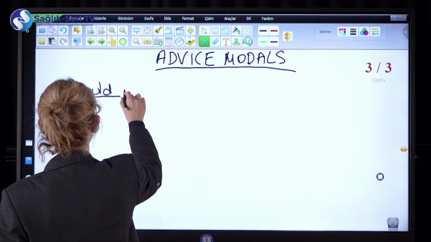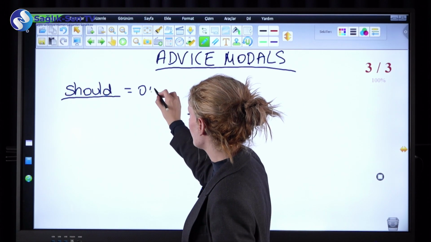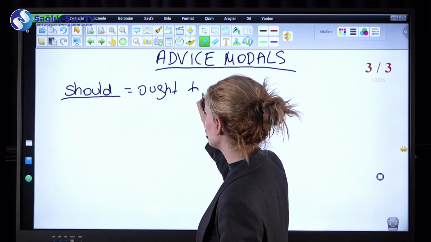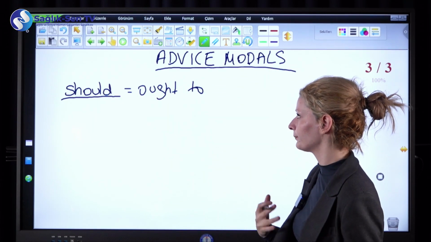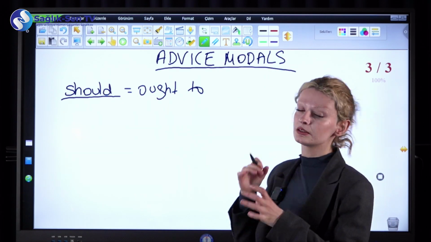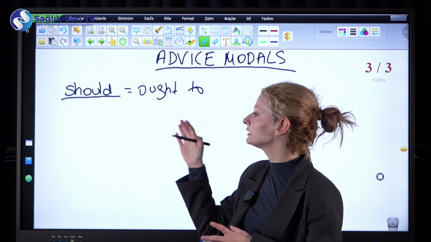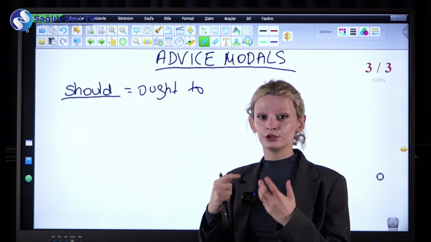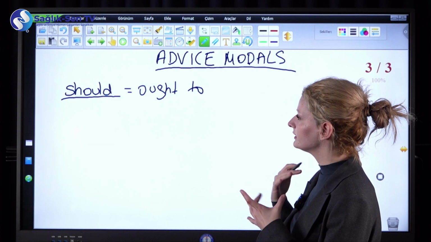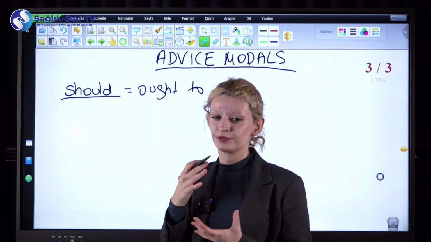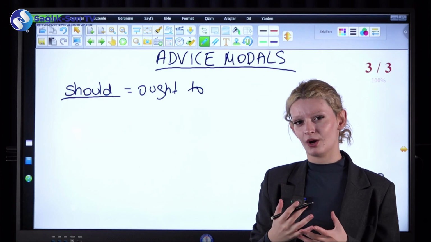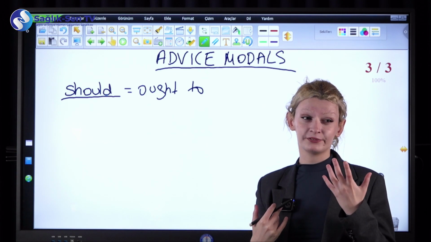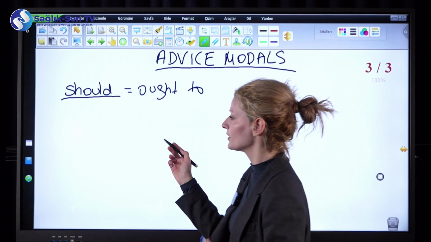But you can also use ought to instead of should to give the same meaning. The use is the same, and they both represent a rather low advice, for example, compared to had better.